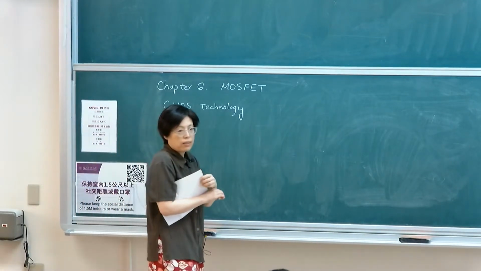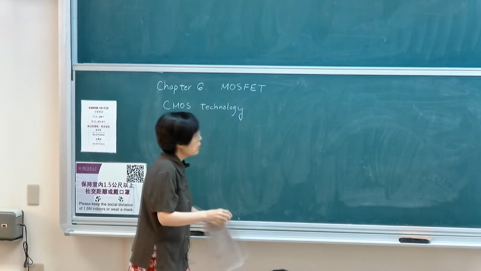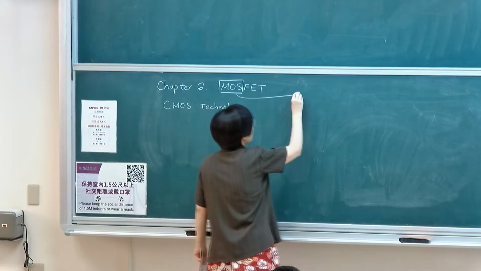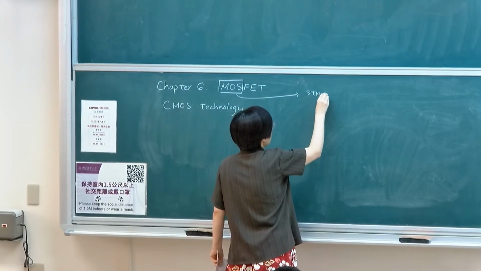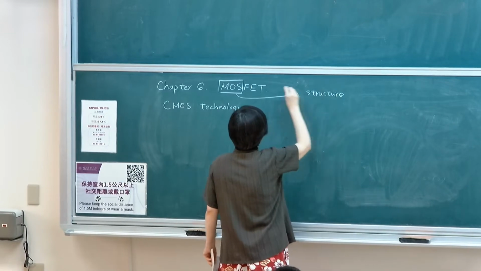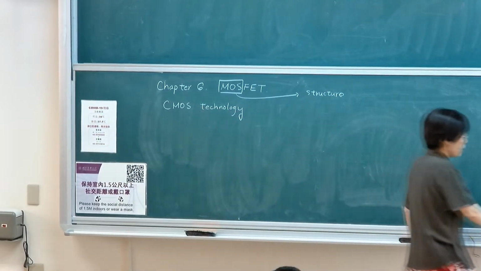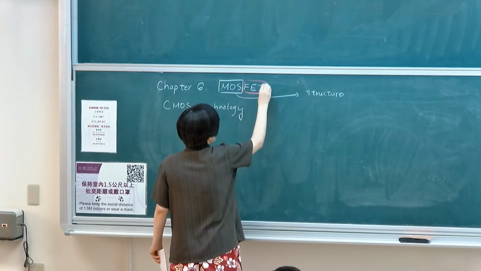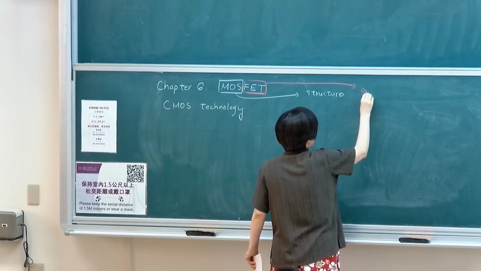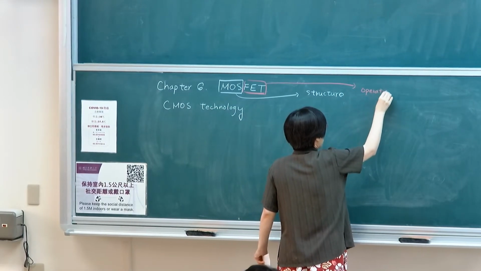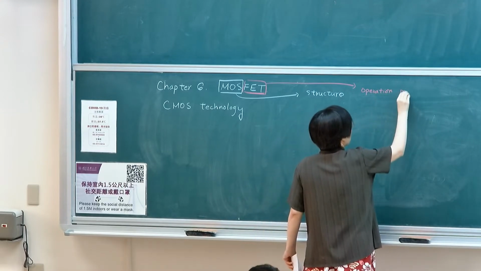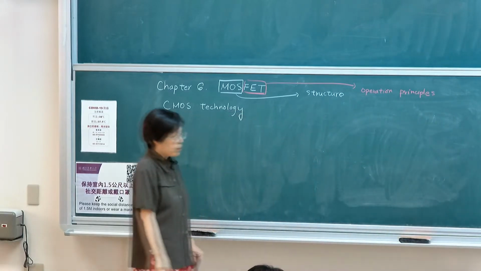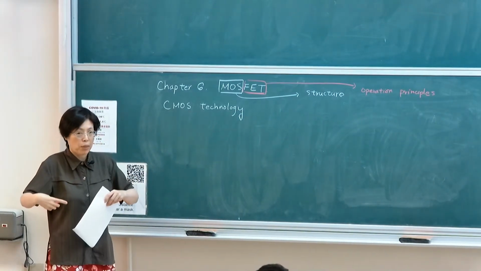What is MOS? Metal oxide semiconductor, right? MOS describes the structure of the device, the main structure: metal, oxide, semiconductor.